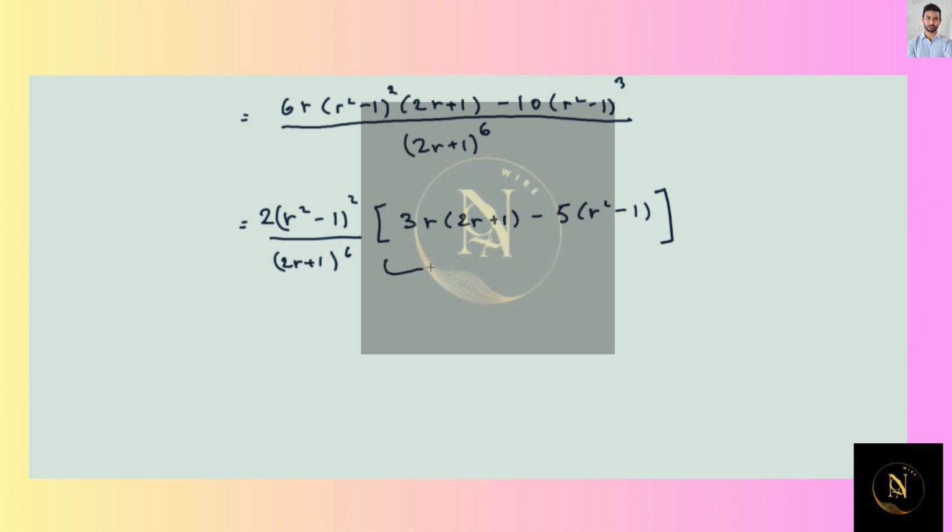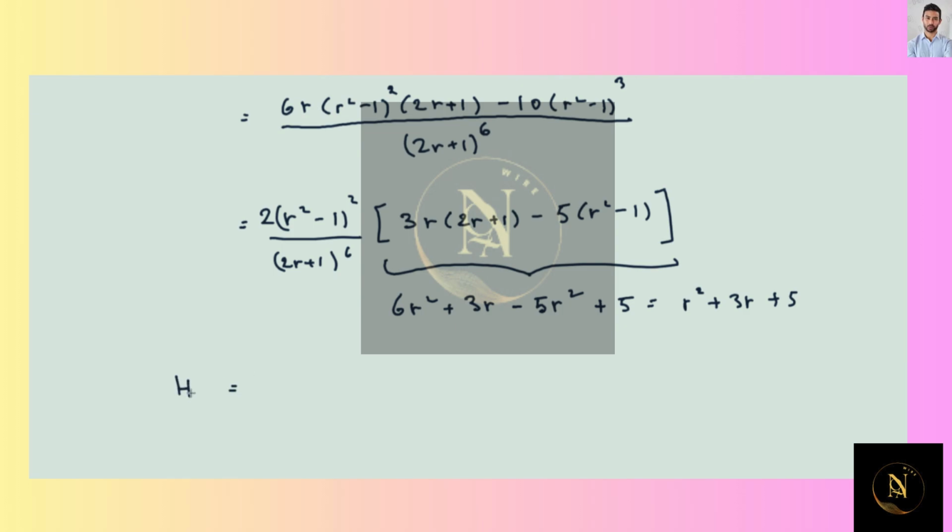Now let's develop the terms in this bracket. We will find 6 times r squared plus 3r minus 5r squared plus 5, which will simplify to r squared plus 3r plus 5.